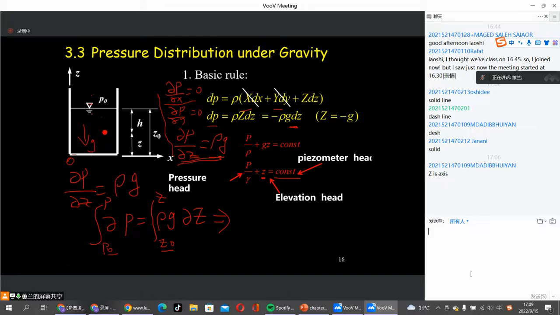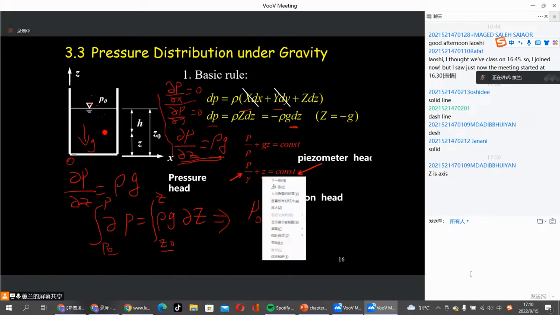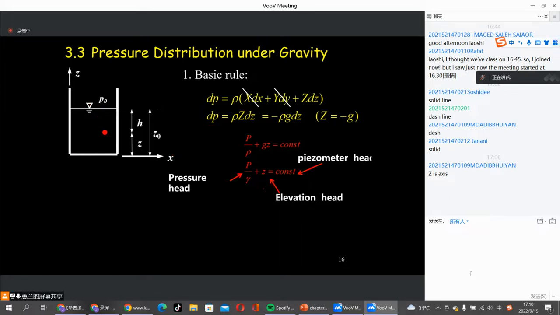At the free surface, the pressure should equal the atmospheric pressure. That means p naught is given as the atmospheric pressure, right? And so use the boundary condition.